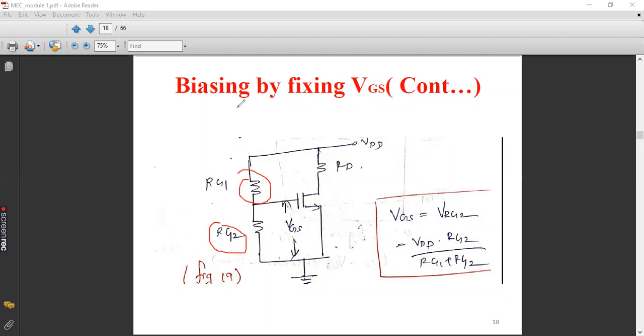So this forms a voltage divider network, or potential divider network, which will divide the supply voltage VDD into two parts. One portion of VDD will be across RG1 and the remaining portion will drop across RG2.